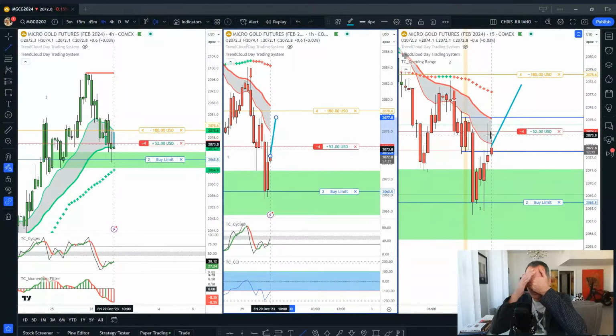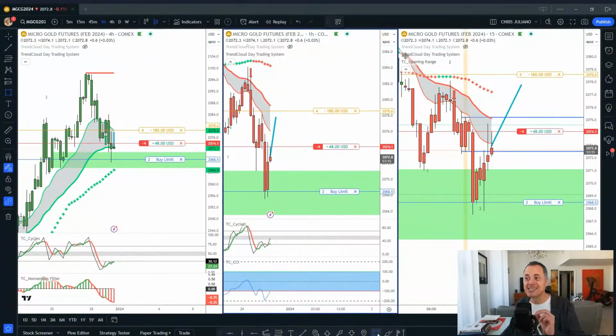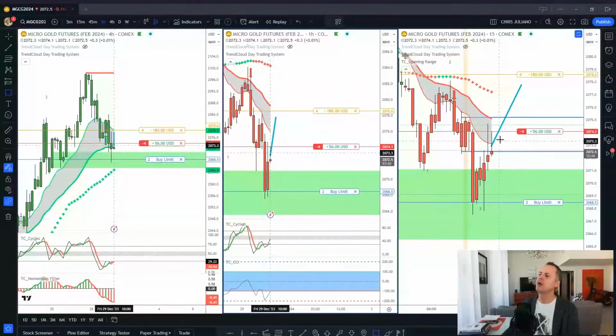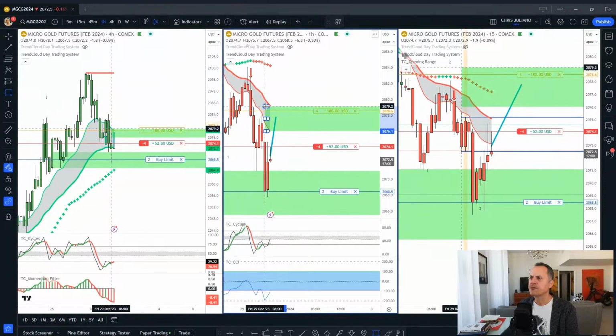If you're walking through a field blind, it's a scary thing. But if you have some sort of night vision, or some kind of mapping system designed for multiple time frames, then you can say, okay, we're pulling back into the demand zone on the 15-minute, which is also the trend cloud on that middle time frame.